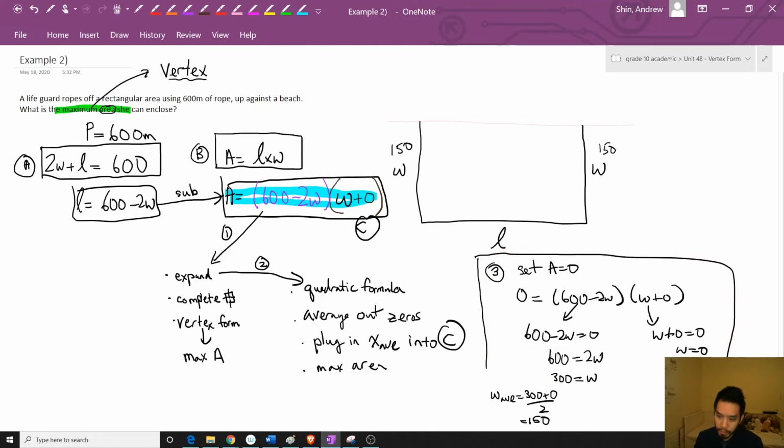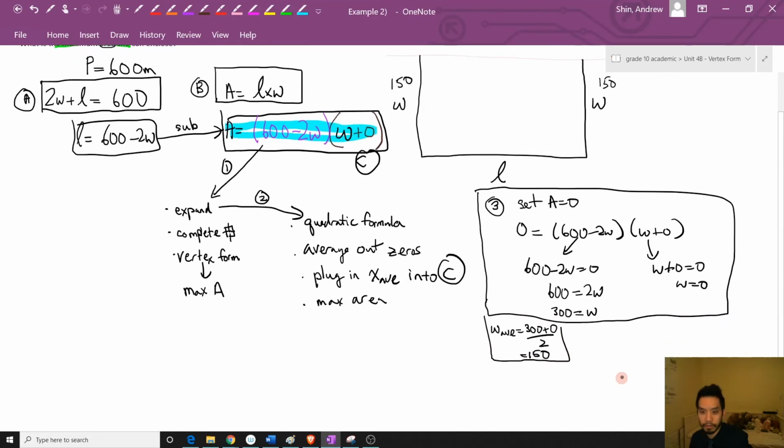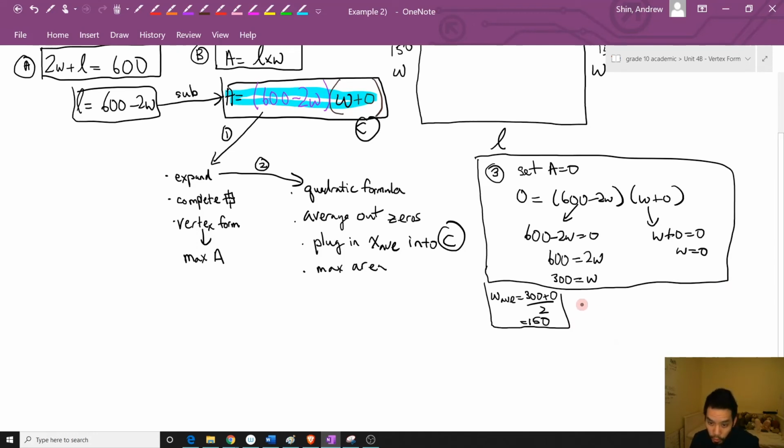So that's step 3. Then we averaged out the w-intercepts, and now what we're going to do is sub w equals 150 into A. And so we plug it in. 2 times w, which is going to be 150, plus L equals 600.